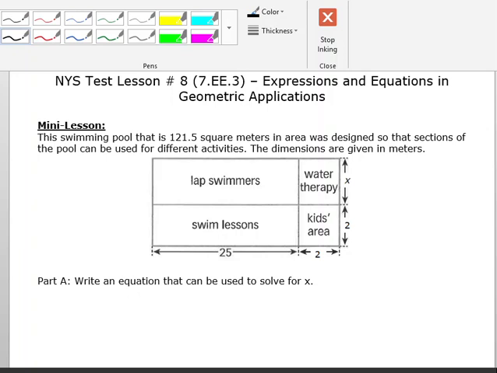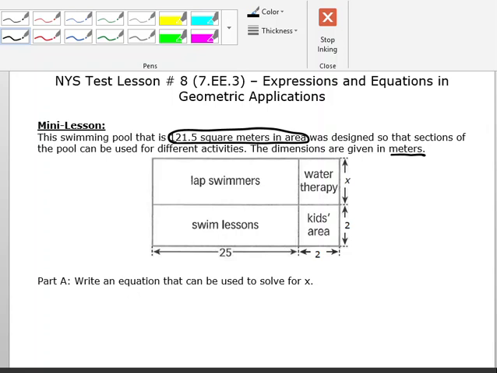This swimming pool that is 125 square meters in area was designed so that sections of the pool can be used for different activities. The dimensions are given in meters. Here I have my pool, and I have my length here, and it doesn't matter what we decide is length and what we decide is width because of the commutative property of multiplication.